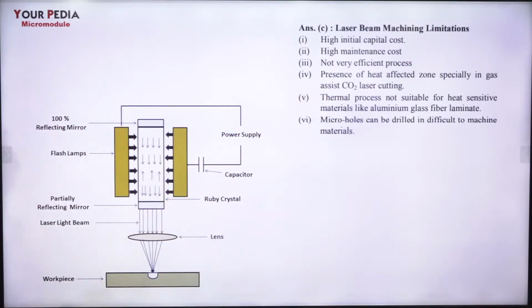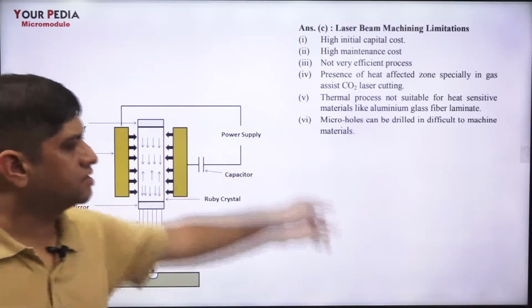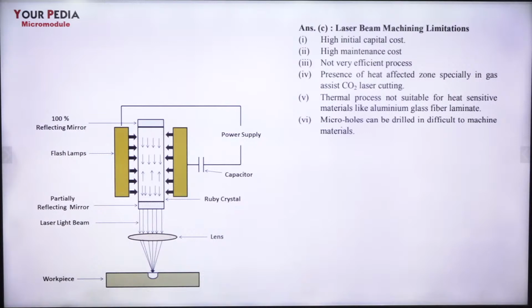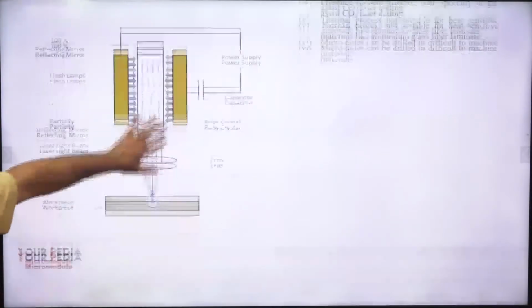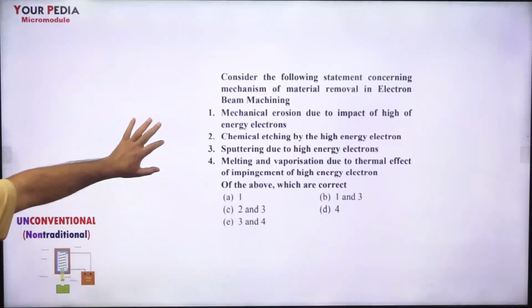Presence of heat affected zone in gas assisted carbon dioxide laser cutting. Not suitable for aluminium, not suitable for heat sensitive material. Micro holes can be drilled in difficult to machine materials. So these are some of the advantages or benefits of laser beam machining and some limitations of laser beam machining. Let's go for the next question.